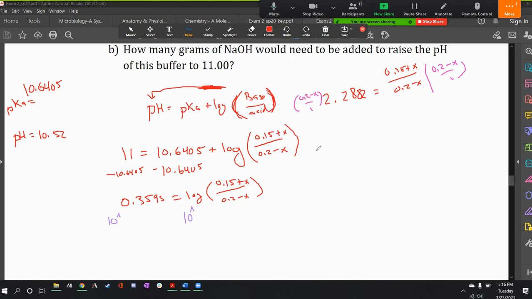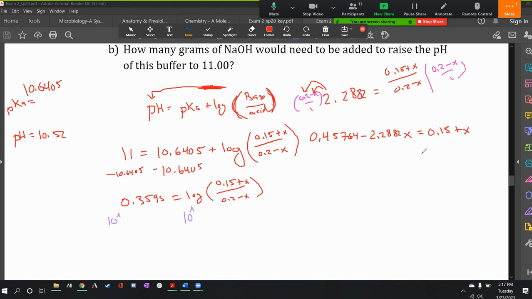So 0.2 times 2.2882, we have 0.45764 minus 2.2882x. I kind of just distributed this times this times this. Equals 0.15 plus x.